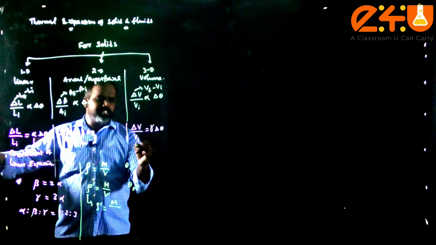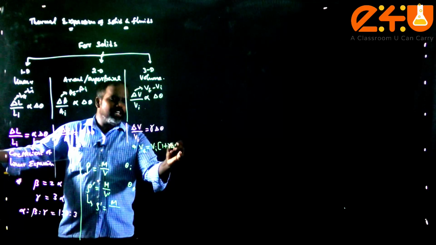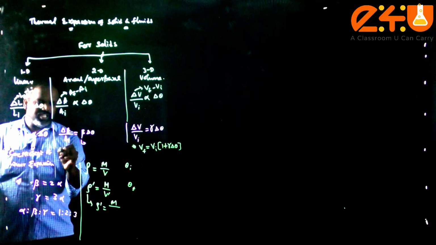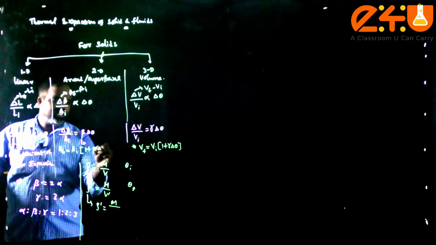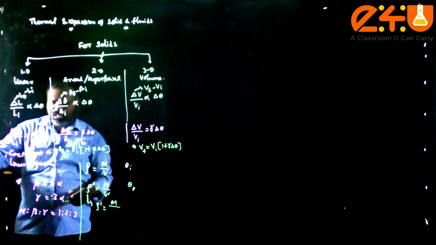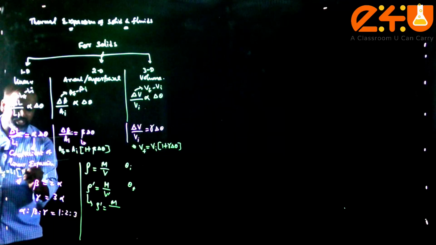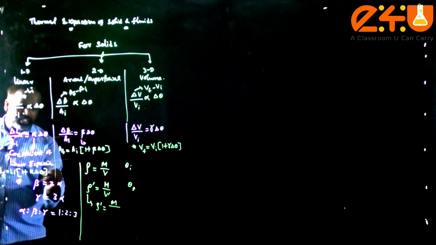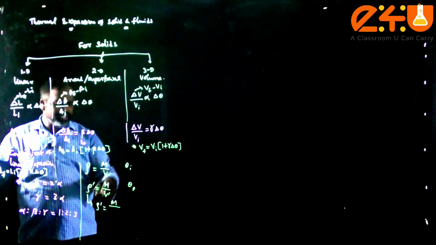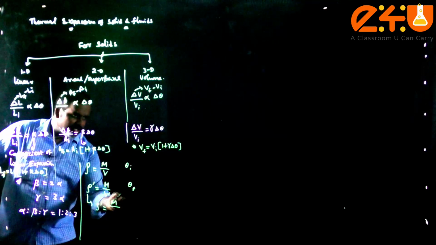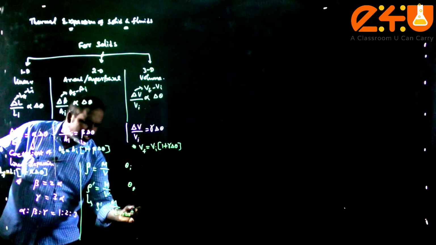You just expand this equation, we can get that V final is equal to V initial into 1 plus gamma into delta theta. Similarly, A final is equal to A initial into 1 plus beta into delta theta. And similarly, L final is equal to L initial into 1 plus alpha into delta theta. So by using this expression, this V dash or V final, you can take any notation, no problem, is V initial into 1 plus gamma into delta theta.